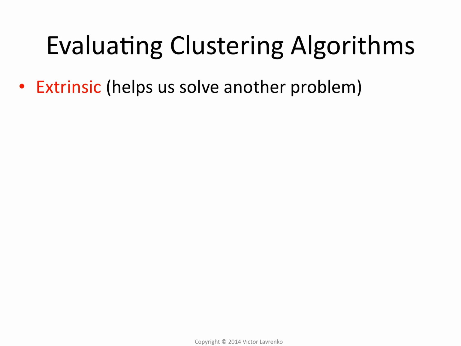We'll talk about two large families of attempts at evaluating clustering. The first one is extrinsic. Extrinsic evaluation is where you don't evaluate the algorithm directly, you try to see if it's useful for solving another task. Does it help you solve some other task that you typically solve with another algorithm?